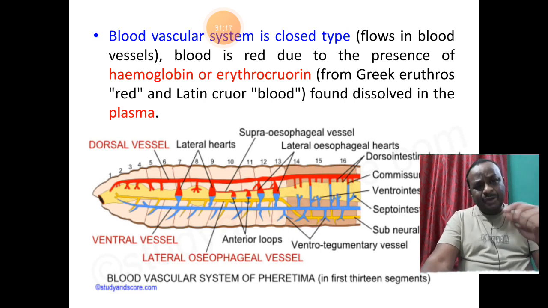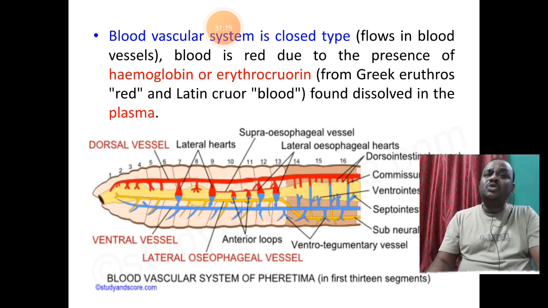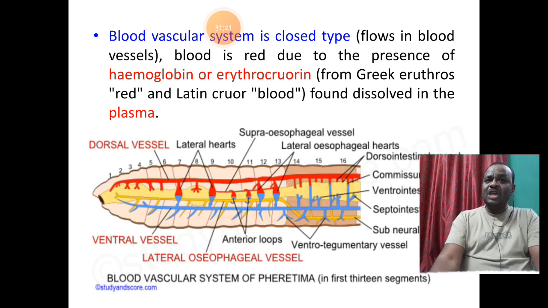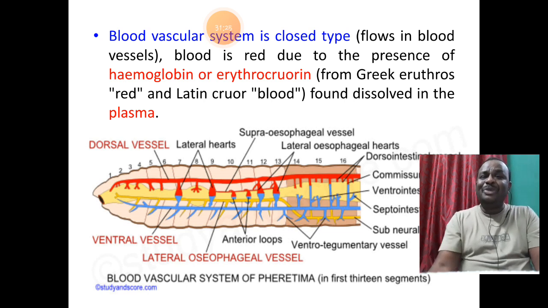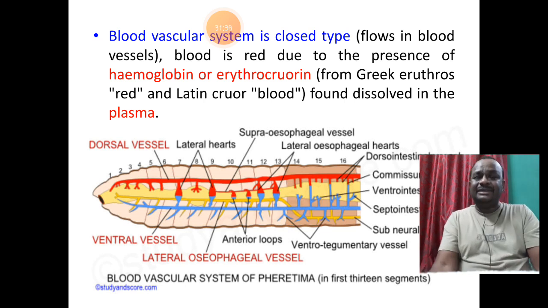Then the blood of this animal appears reddish in color. This red coloration is due to the presence of a pigment called hemoglobin, which is also called erythrocruorin. This pigment is present in the plasma of the blood.